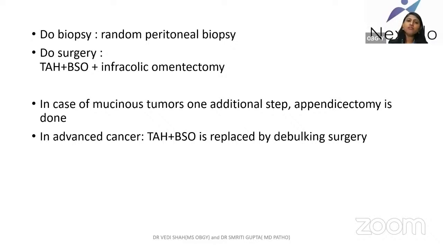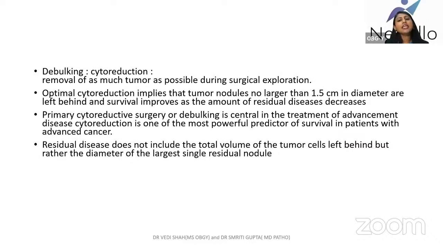So you try to go for removing as much of the mass as you can see, which is called debulking surgery. So in case of advanced cancer, you need to go for debulking surgery. It is also called cytoreduction, where all the visible tissue is removed. And how will you define optimal cytoreduction?